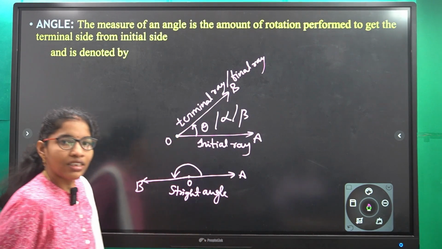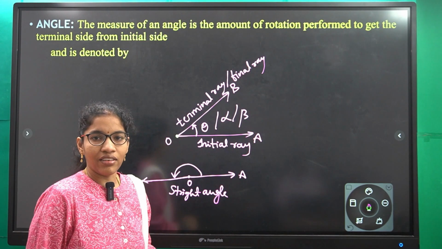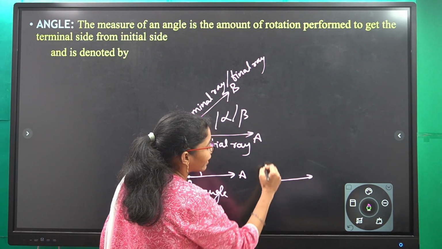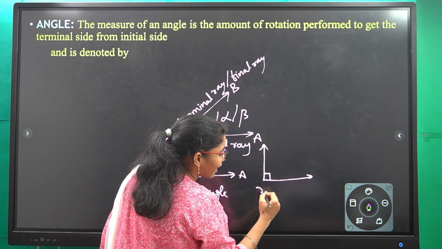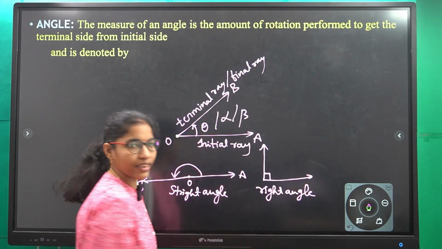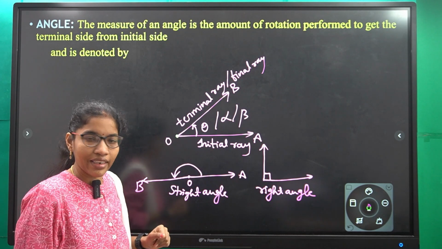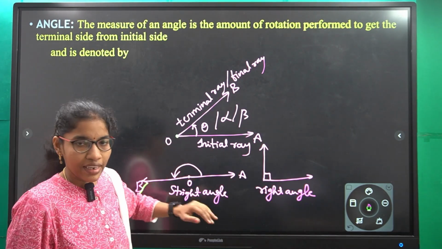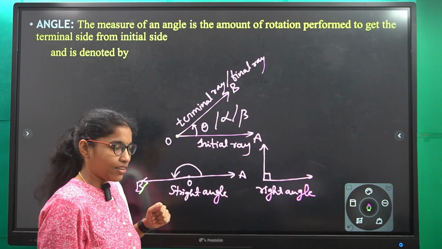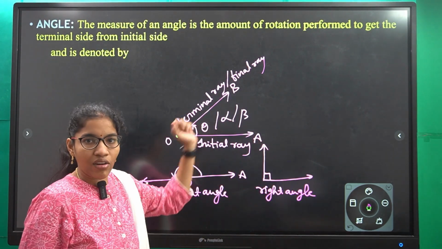Half of this straight angle you can call a right angle. So if two rays are opposite to each other, it is a straight angle, and half of the straight angle is a right angle.